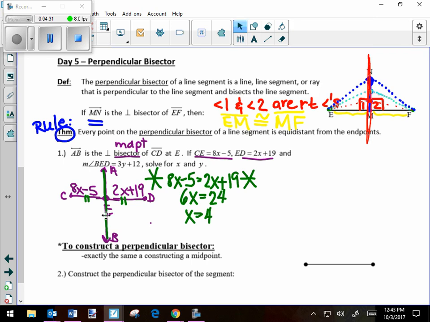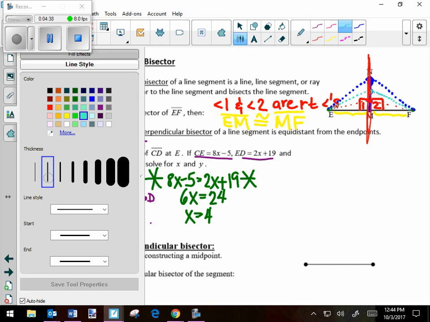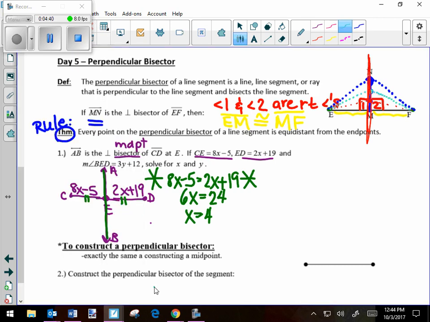The second part of this question talks about angle BED, and they're saying that angle BED is equal to 3y plus 12. So if I look at where angle BED is, that's this angle right here, and because the lines are perpendicular, I know that angle is equal to 90 degrees, it forms a right angle.